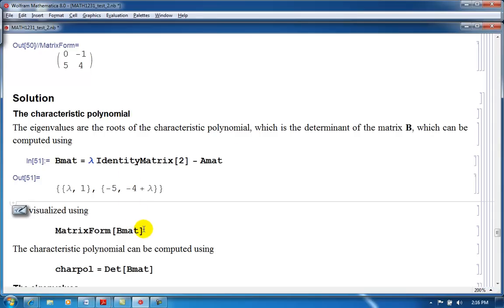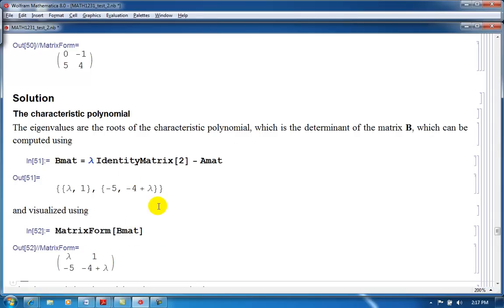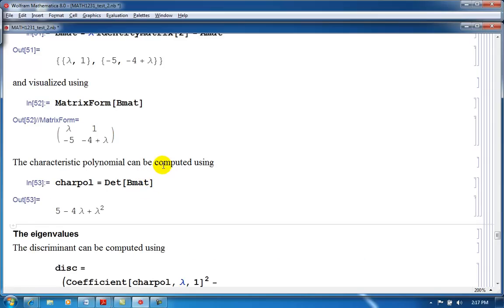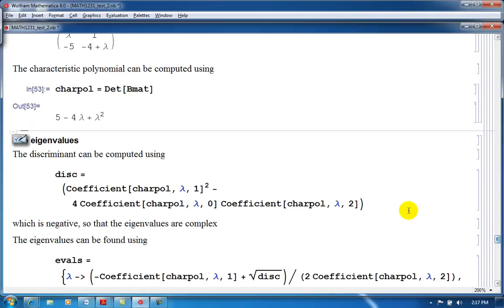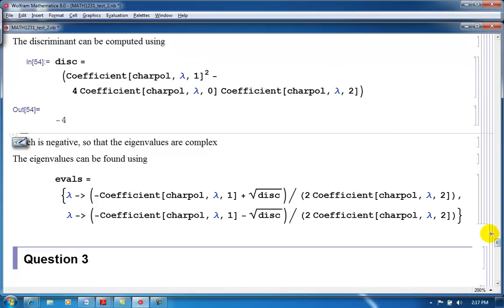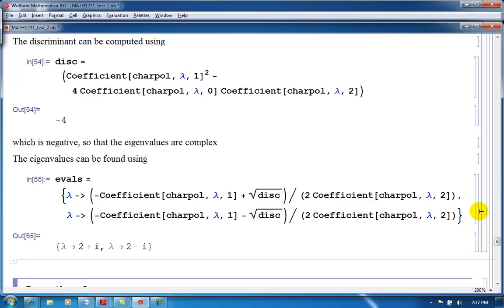And we can visualize that matrix using this, and the eigenvalues are the zeros of the characteristic polynomial, which is the determinant of this here, and we get that out there, and that's a quadratic equation for lambda, and we'll calculate its discriminant to see what kind of solutions we can expect, and this is negative, so that means that the eigenvalues in this case will be complex, and they can be found using this. So they're the eigenvalues of this problem, and you can see that they are complex conjugates.